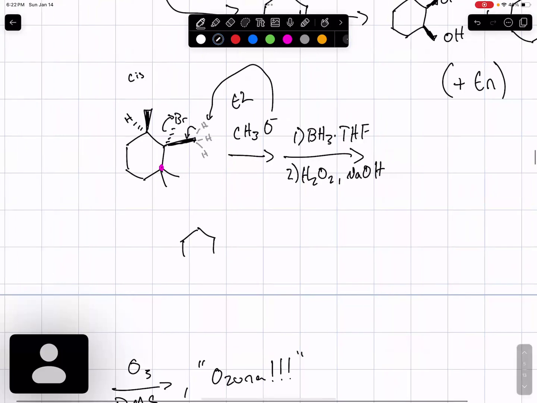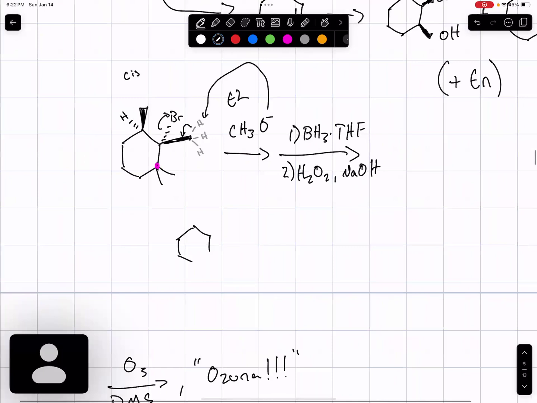So for that person that was asking where the alkene is being formed, now it should be obvious to you that the alkene is now being formed here in between these 2 substituents, in between the 2 dimethyls and this 1 methyl. Okay, now all you have to do is answer this hydroboration question. And what does hydroboration do?